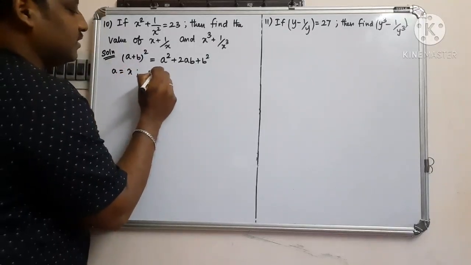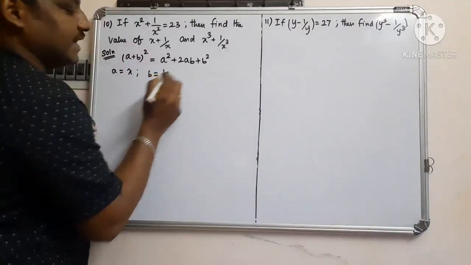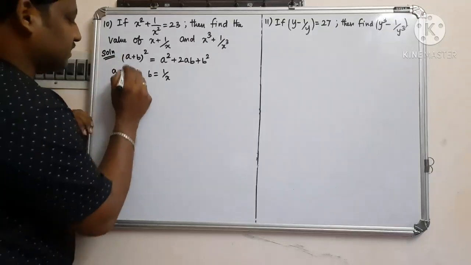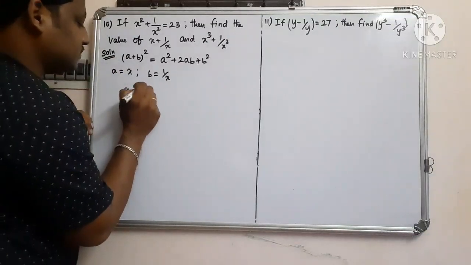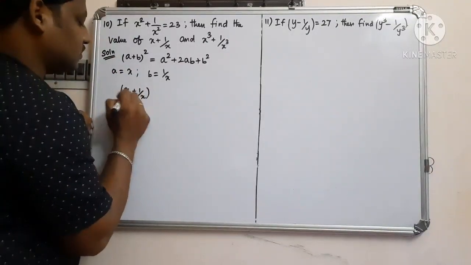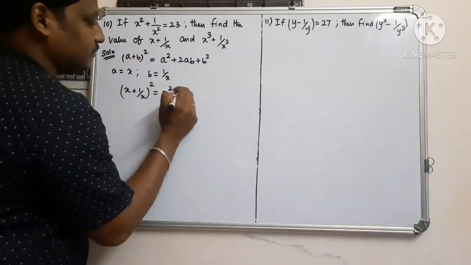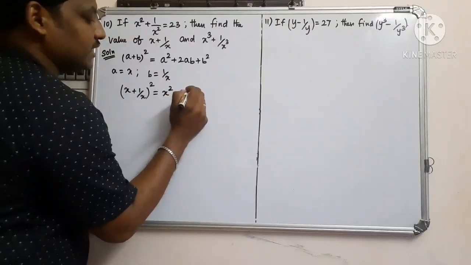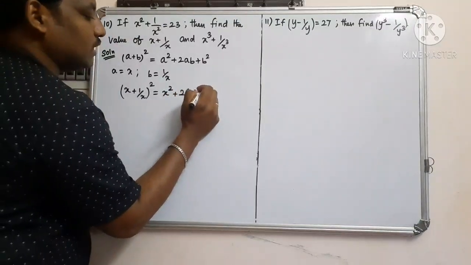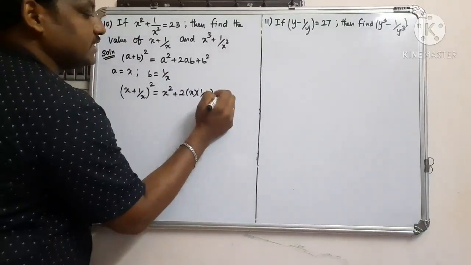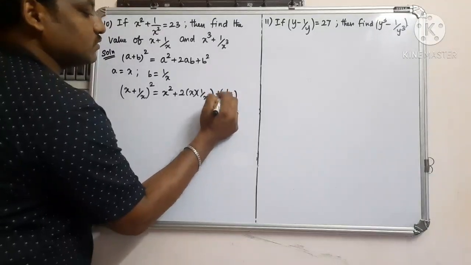Instead of b, we should substitute 1 by x. So substitute in this formula: x plus 1 by x the whole square, which is equal to x square plus 2 into x into 1 by x plus 1 by x the whole square.